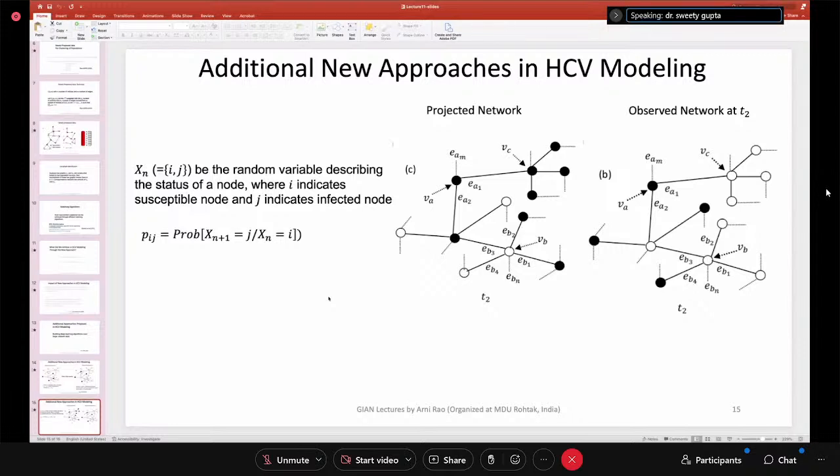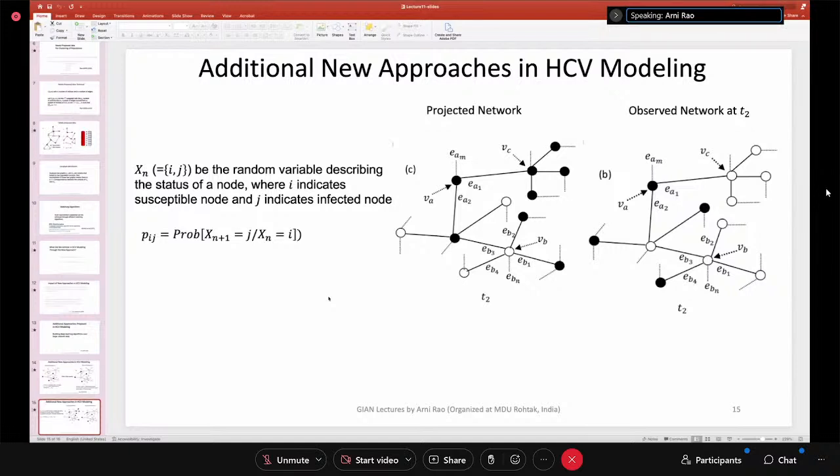Sir, how do these modeling help to control hepatitis C? What is the objective of doing all these modelings? The objective is how better we can understand the network among the injection sharing populations, how best we can reach them, and what are the better ways to control, because our end goal is to control the spread.